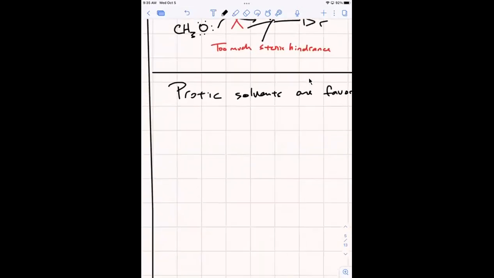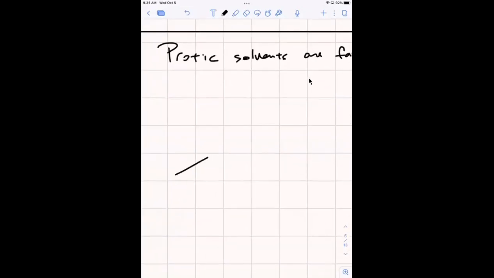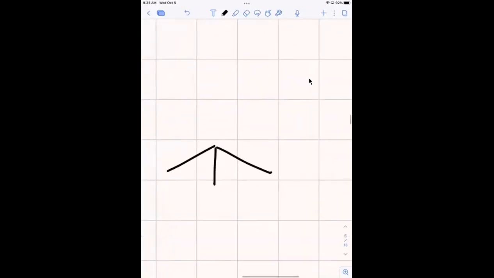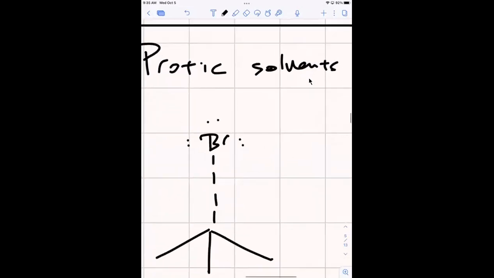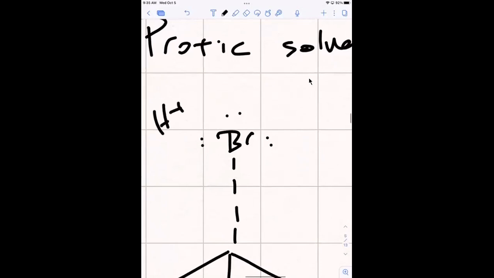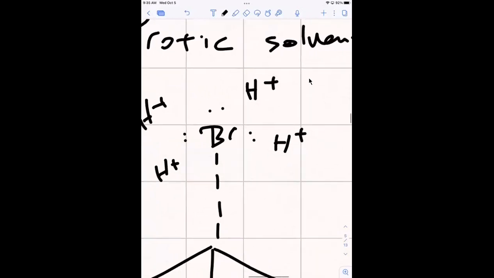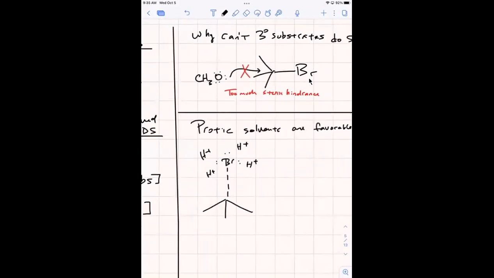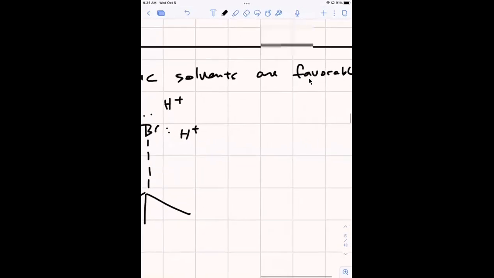But if you think about a protic solvent, and think about this in terms of the transition state, where you're losing bromine, right? The solvent can actually solvate the leaving group while it's leaving and stabilize it. So this is the same reason solvation that slows down the SN2 actually facilitates the SN1, because the leaving group is stabilized by the solvent.